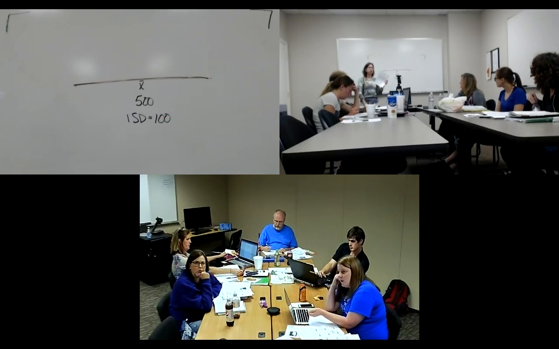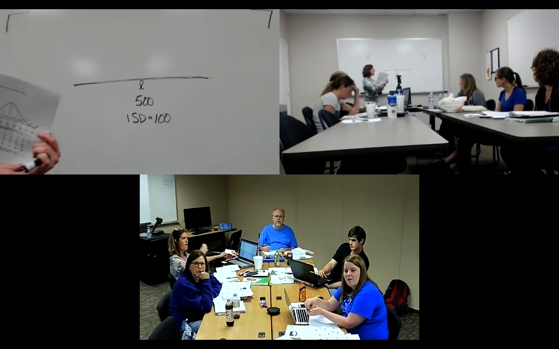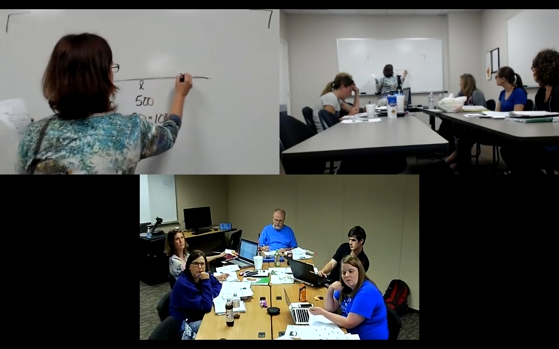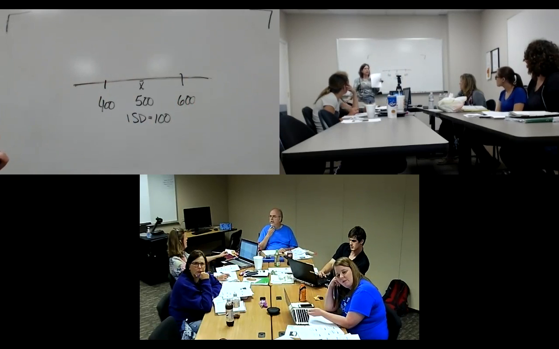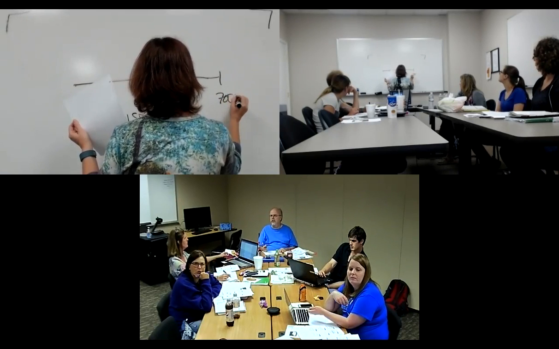So if you get your scores back on your ACT and you've got a 440, you are in the average range. If you get an SAT or an ACT score of 700, what does that mean? Above average. Yep. 700 is right here.